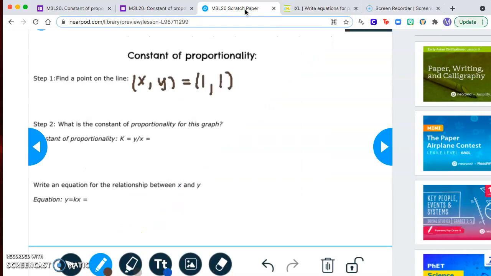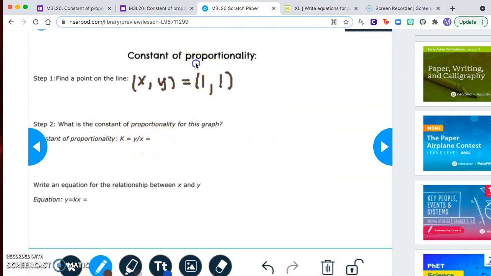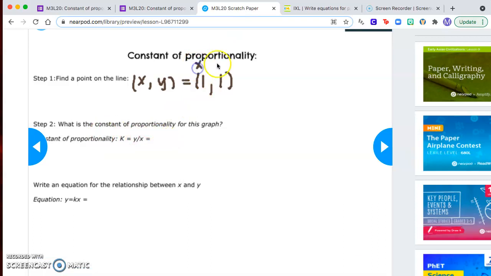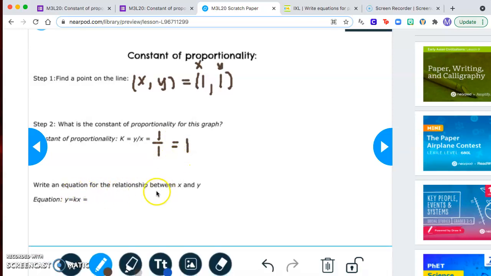Now, what's the constant of proportionality? It's y over x, and x is 1 and y is 1, so the constant of proportionality is 1 over 1, which is 1. What would be the equation?